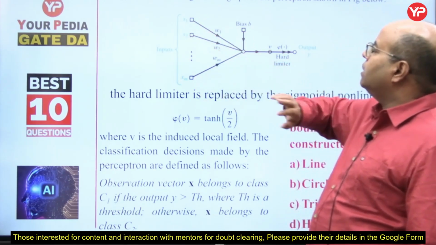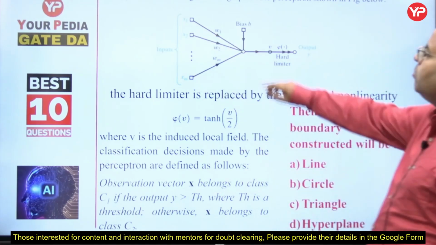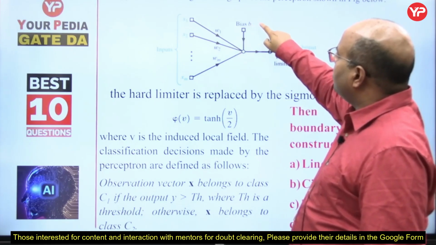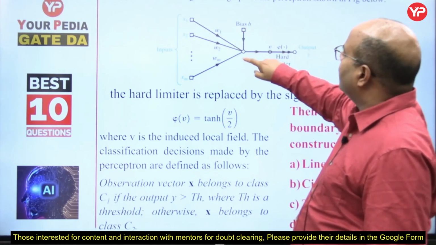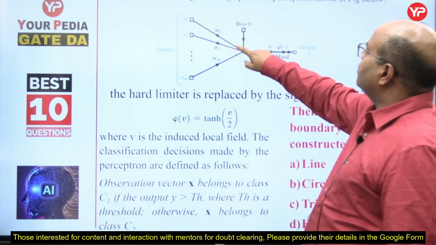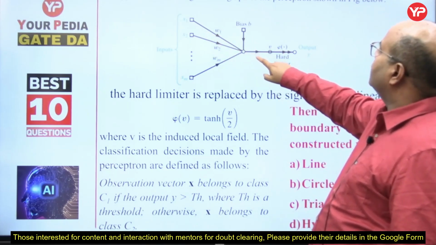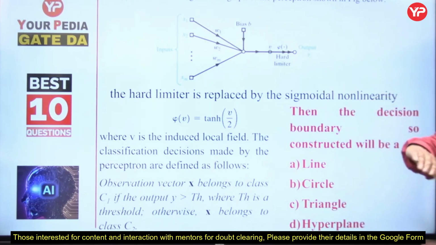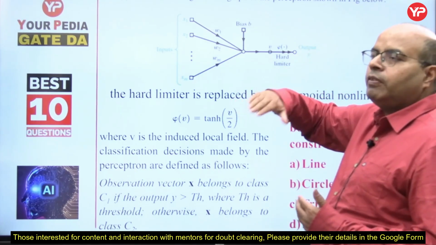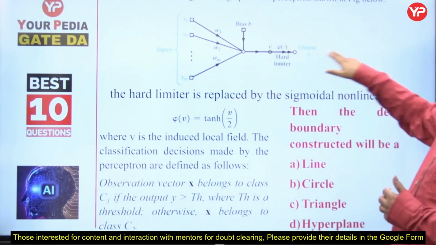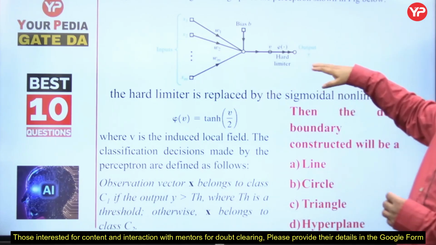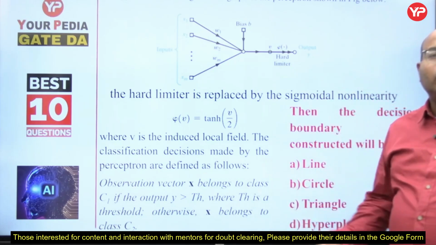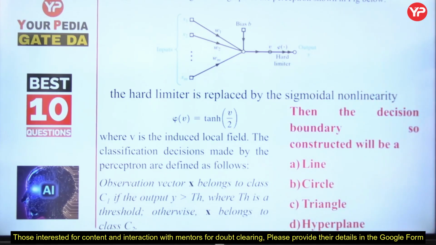X1, X2, Xn inputs we are getting, and they are multiplied by some weights, and then there is some bias factor to control, and then these weights multiplied by the inputs are summed up here, and then a hard limiter is there that limits it. If it's above that limit, it will be passed. If it's below that limit, it will be stopped here. So that's how neural networks work, perceptron works.